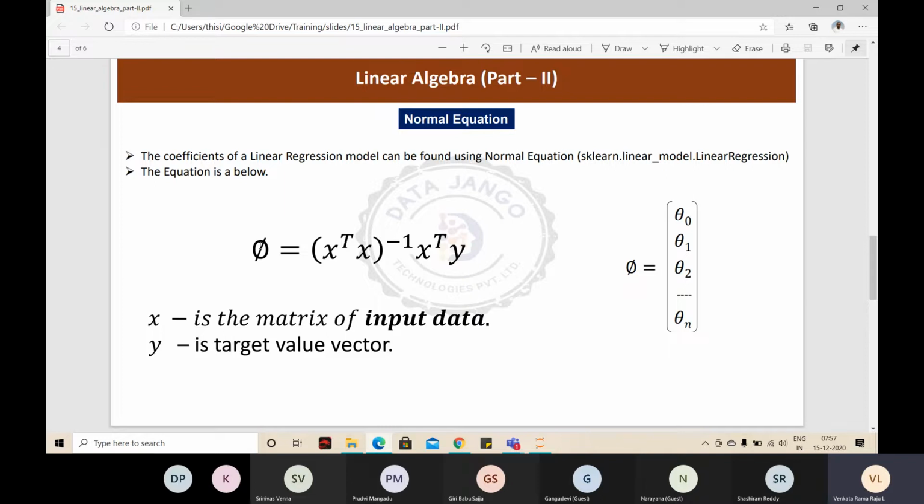What was the input feature in the 1000 SFT example? SFT area, right? So 1000 into SFT area is the equation you found. That coefficient is what you need to find. Our mind generally calculates that coefficient. Even machine learning calculates the coefficient only.